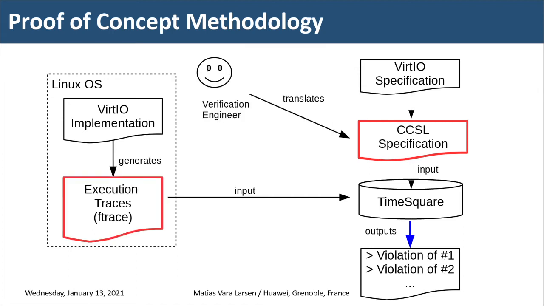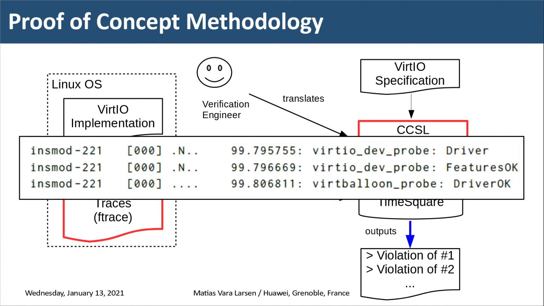We use this specification together with the tool named TimeSquare to validate a trace. Validation means to check if a trace violates the specification. In our case, we use the trace generated from ftrace, which allows tracing the execution of the Linux kernel. For example, this is the output of ftrace when we load a VirtIO kernel module.